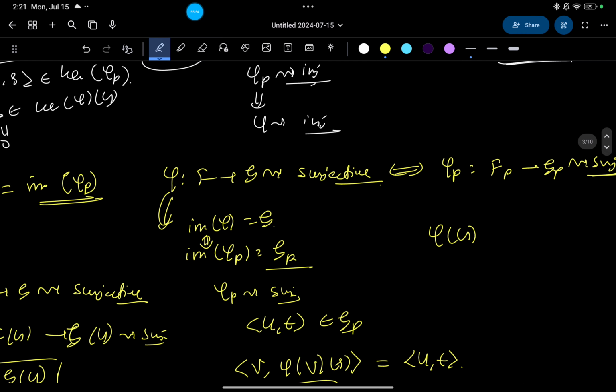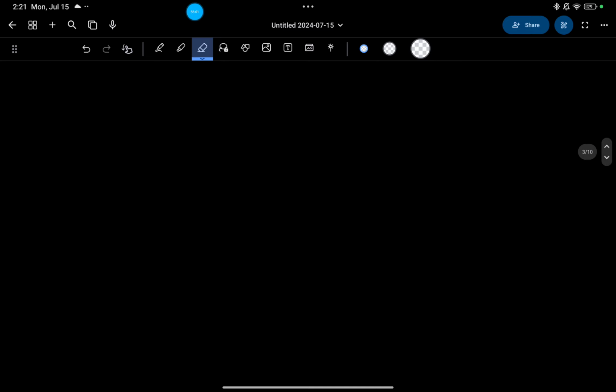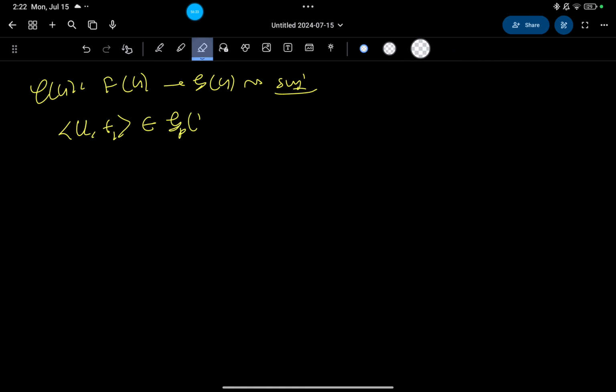For example, suppose phi u from fu to gu is surjective, and let us take (u, t1) belonging to gp. So that means t1 belongs to g of u.